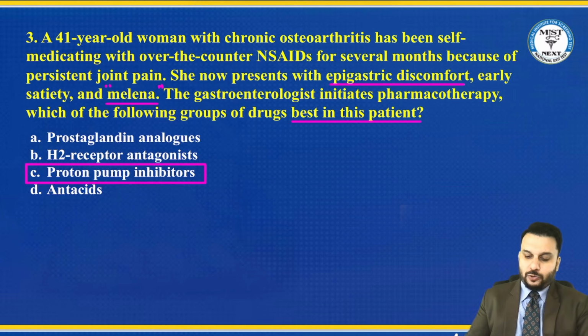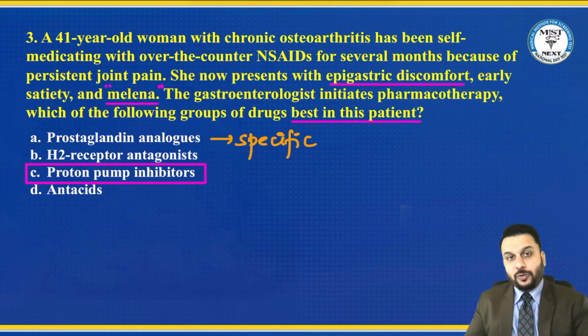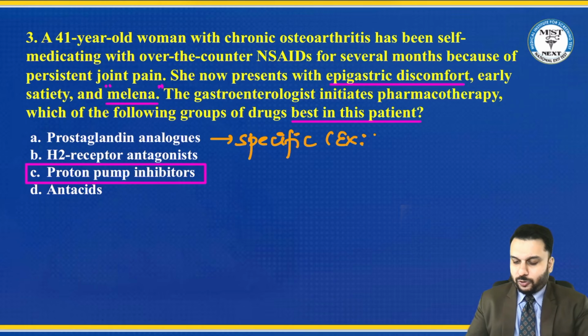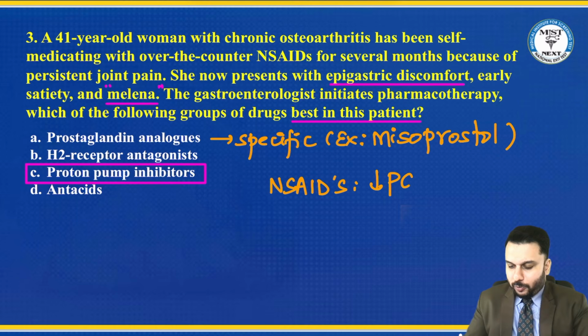But if they would have given me a word called specific, what is the specific drug that can be given in NSAID-induced ulcer, then you can choose the drugs called prostaglandins. Example, misoprostol. Now, what do you mean by the word specific here? See, how does the NSAID cause ulcer? NSAIDs will reduce prostaglandins. That's the mechanism.